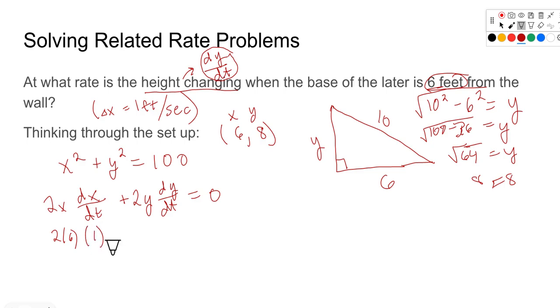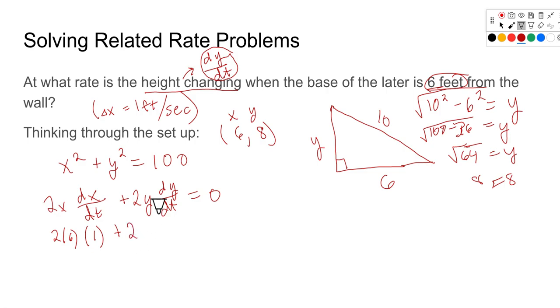Yes, that was 1. They told us. And that's what all these problems are going to be. They're going to give you all this stuff. You might not see why they're giving it to us in the beginning, but this is why. We're basically going to need to know everything except for the one thing we're looking for. That's how math works. If we're missing 2 things, we can't really solve it, right?